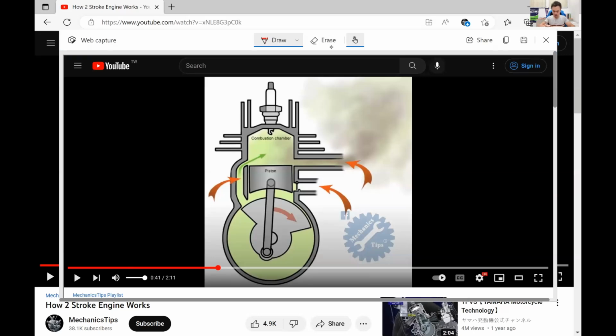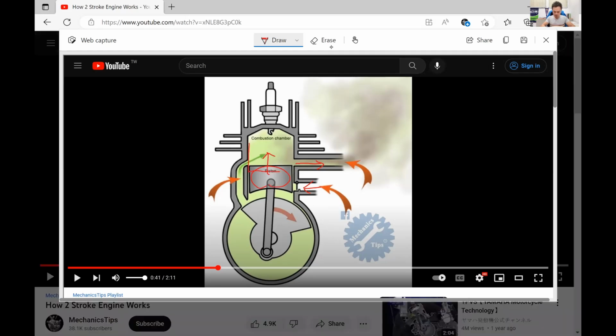All right, I think that would be easier. So this is the inlet, and this is the exhaust port. Then when the piston moves up, the piston covers the exhaust port.